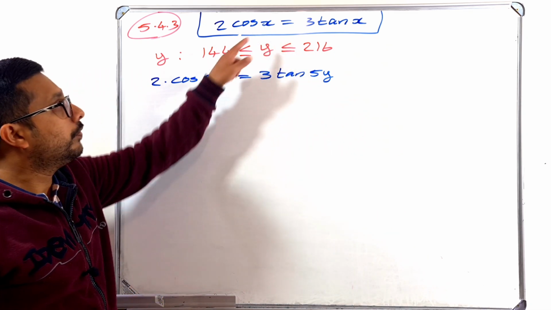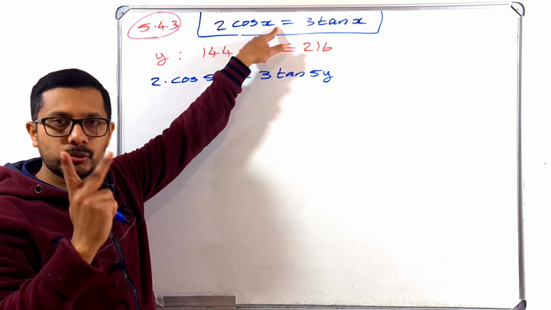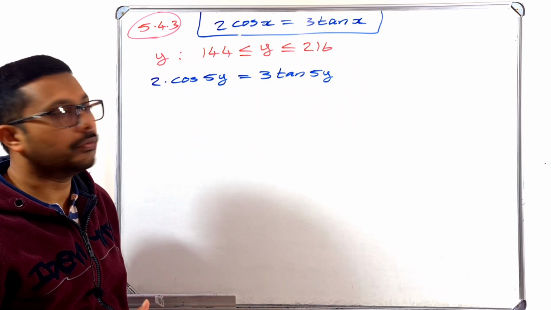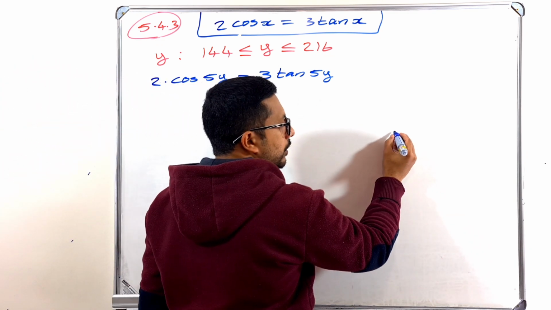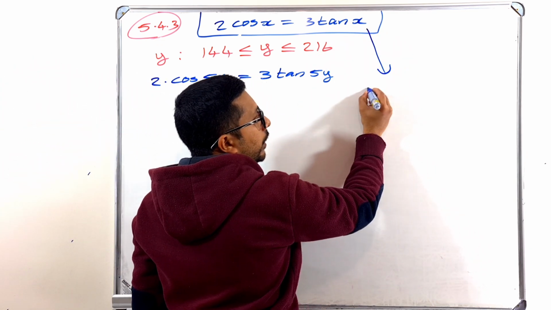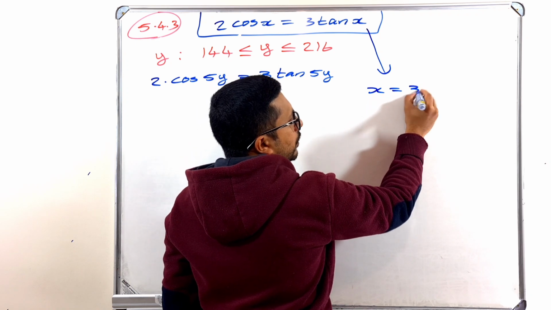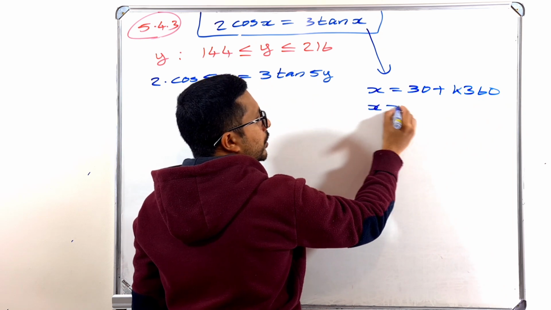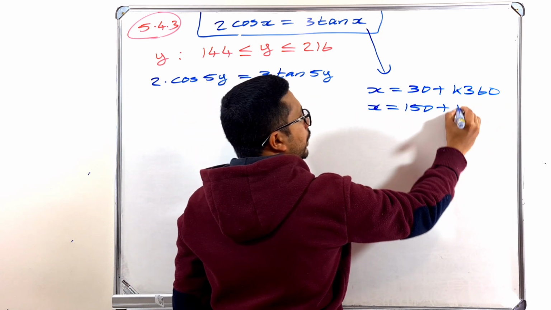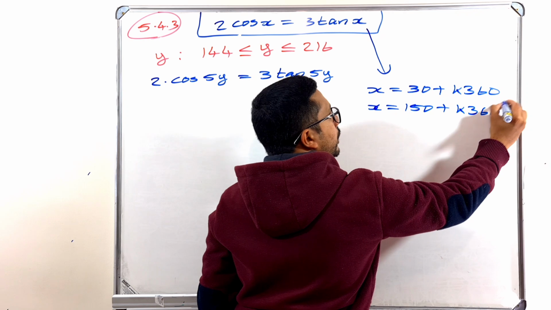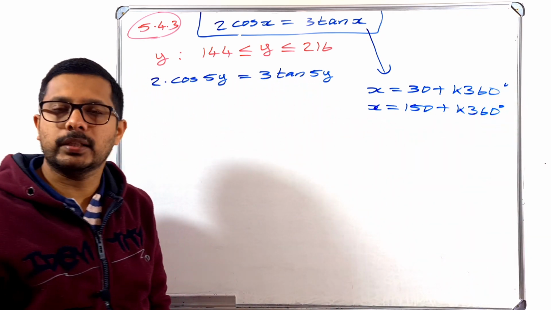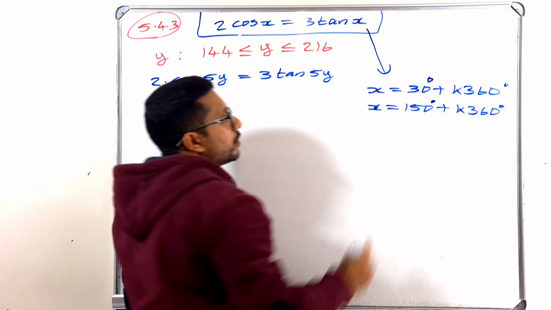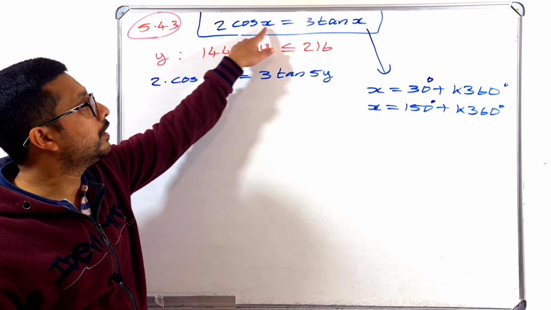Okay, so when it is like this, we wrote two general solutions. 2 cos x is equal to 3 tan x. We got two solutions in the previous question. What was our general solution? 30 plus k 360, and the second general solution was 150 plus k 360. That was the previous question, right? So those general solutions are for when it is x.